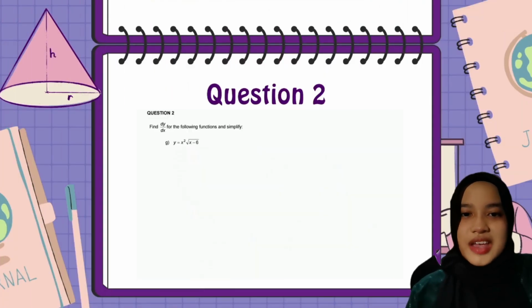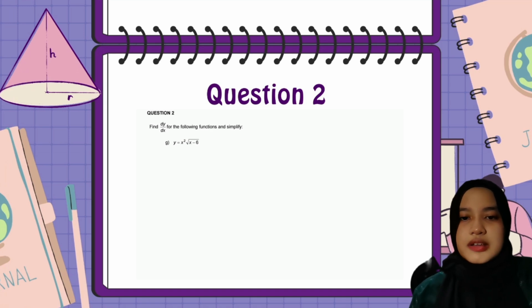Thank you, Izazi. Now I will be presenting the step-by-step solution for our first practical problem, which is question 2G. We are required to find dy over dx and completely simplify the following function, which is y equals x squared square root of x minus 6.